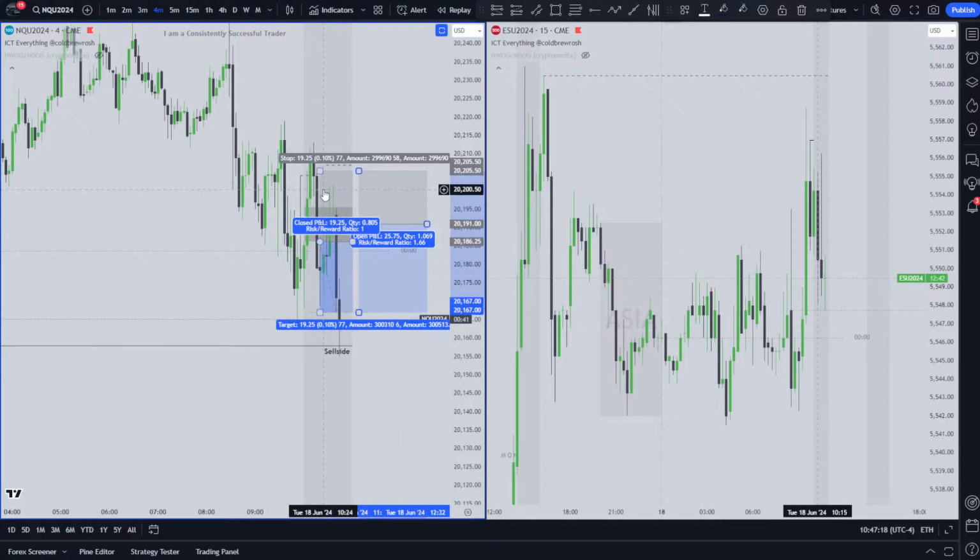If you could optimize that to a 2R, even if you're just break even or not even profitable, optimizing your entries might be the difference between making you a positive trader.